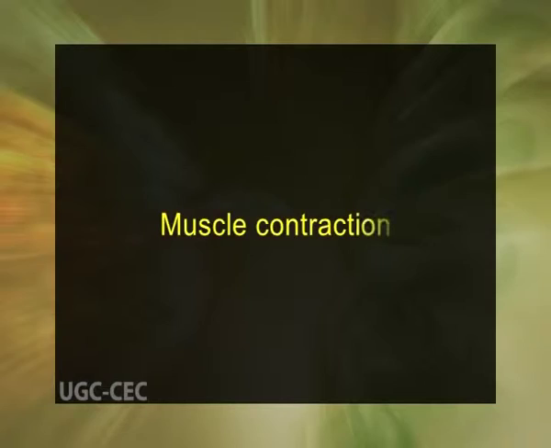Muscle contraction. Muscle cells are highly specialized for a single task, contraction, and it is this specialization in structure and function that has made muscle the prototype for studying movement at the cellular and molecular level.